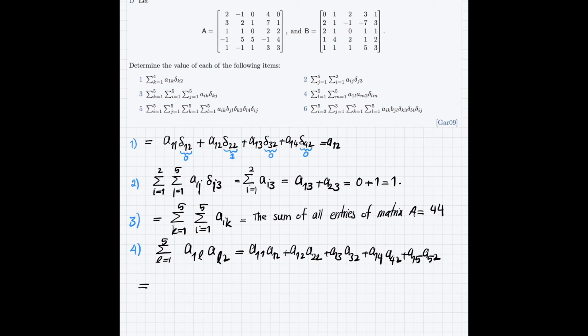So A11 is actually 2 multiplied by A12, the first row second column, which is -1.